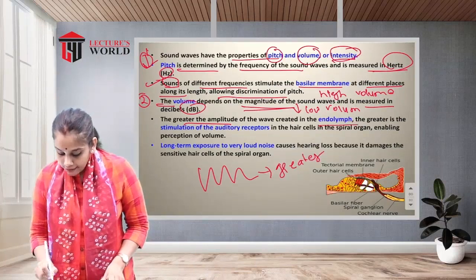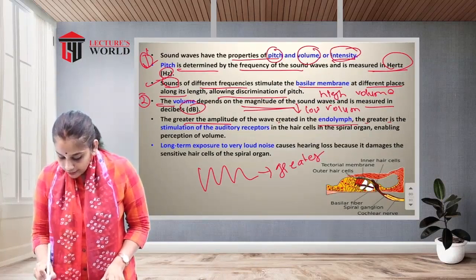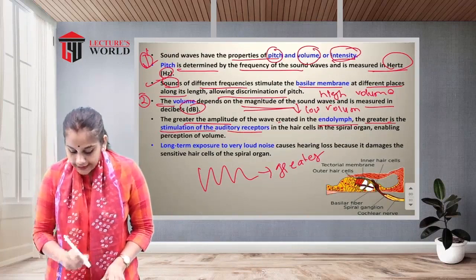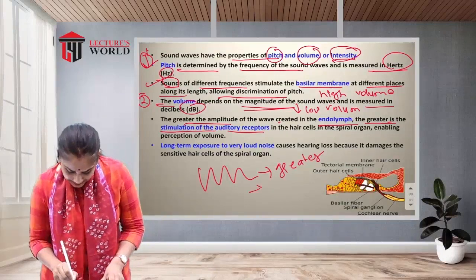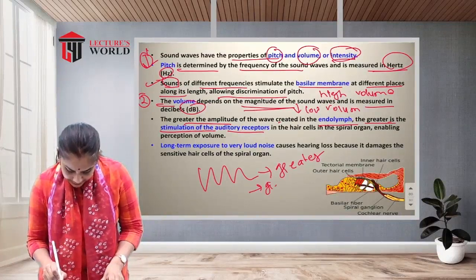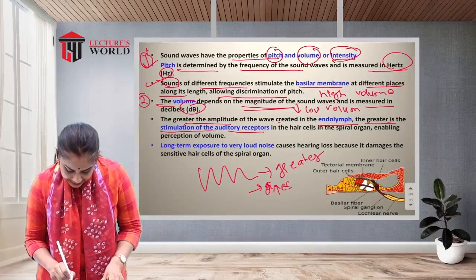The greater the amplitude of the wave in the endolymph, the greater is the stimulation of the auditory receptor. The auditory receptor will be activated to a greater degree, which increases the impulse.